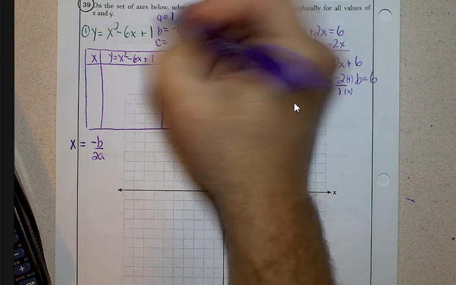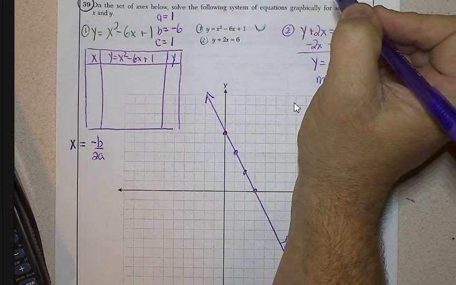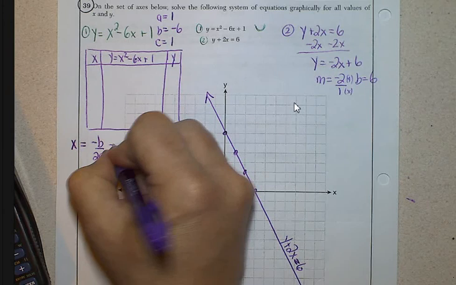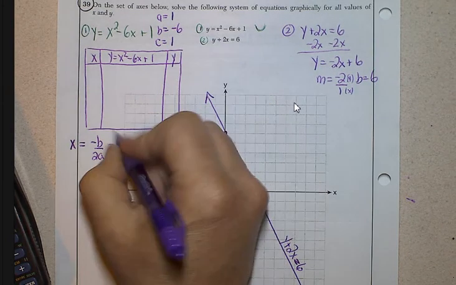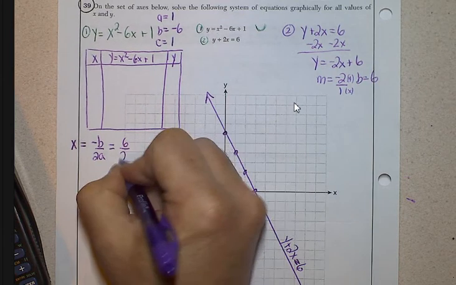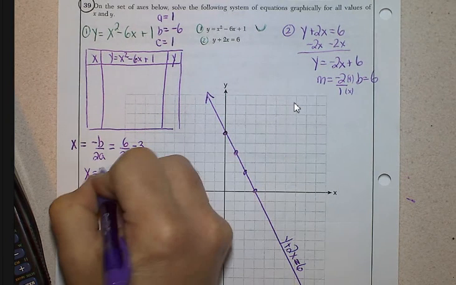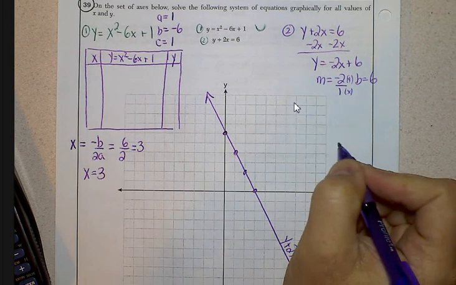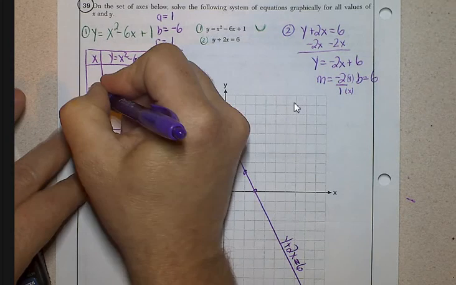And c is going to be that constant, the number that has no variable to it. All right, minus b, so it's minus a minus 6, so that's a positive 6 over 2 times 1. So we're going to get x equals 3 as an axis of symmetry. Well, that means we're putting the 3 right in the middle of our table.